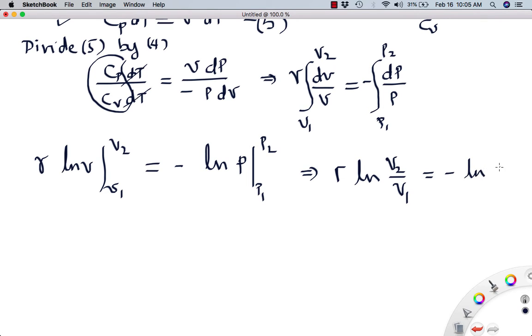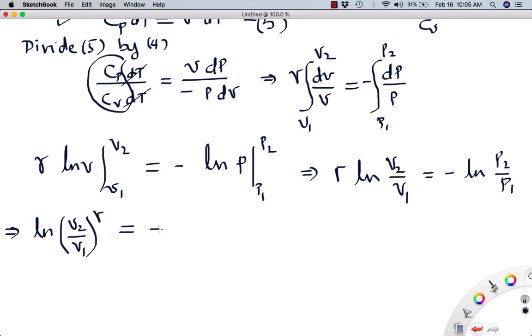Okay, so I can insert gamma inside the log, so it becomes the power of the term inside the log. So it would be V2 over V1 to the power gamma is equal to negative ln.